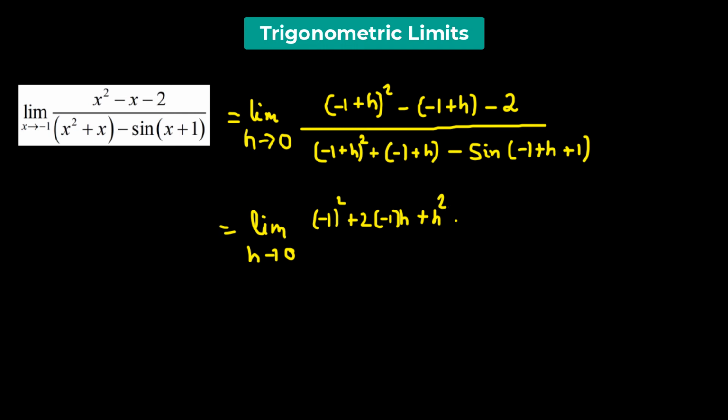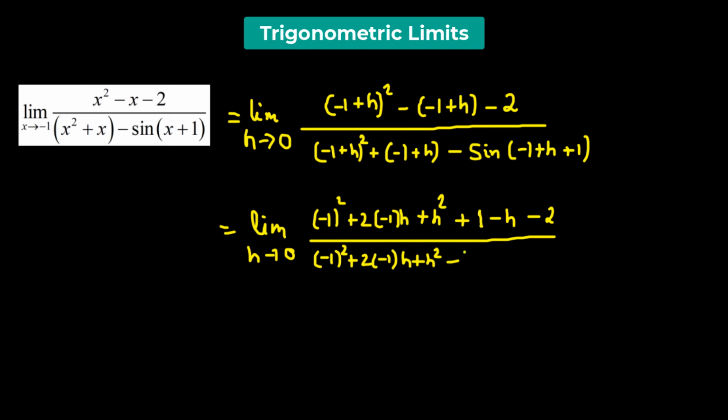Negative times negative 1 is going to be positive 1, and we have negative h minus 2 divided by negative 1 squared plus 2 times negative 1 times h plus h squared minus 1 plus h minus sine of h. The 1 and negative 1 get cancelled for the argument of sine h, which will be equal to the limit h tending to 0.